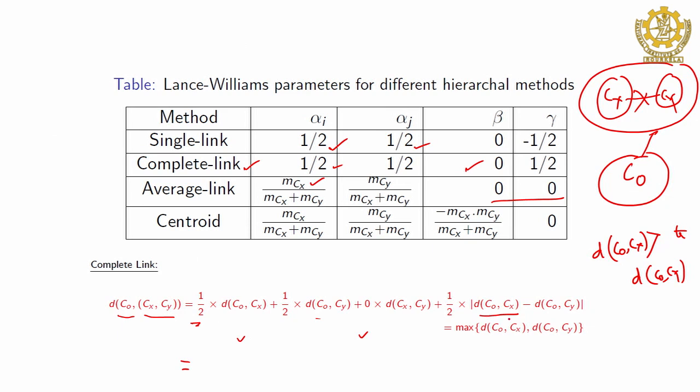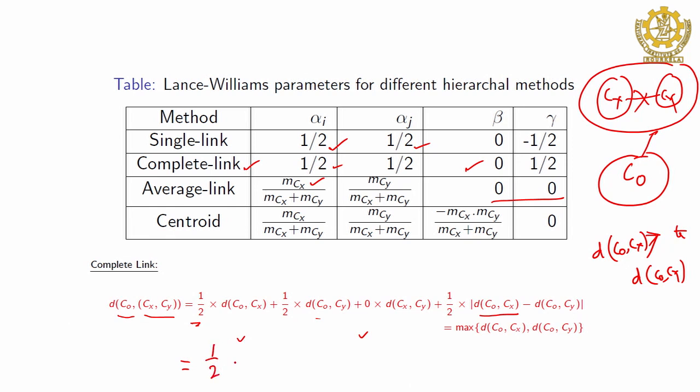Distance cannot be 0, because otherwise it is the same point. So, this cannot be the same distance from C0 Cx and distance from C0 Cy. Okay, it can be, we will talk later. So, now let us say distance from C0 Cx is greater than distance from C0 Cy.